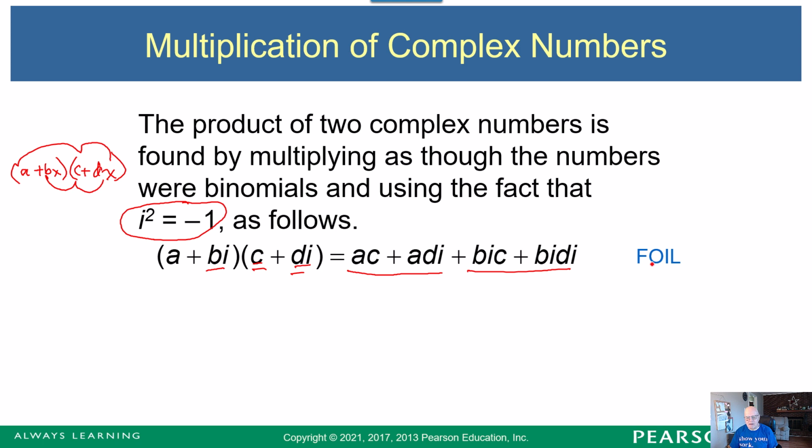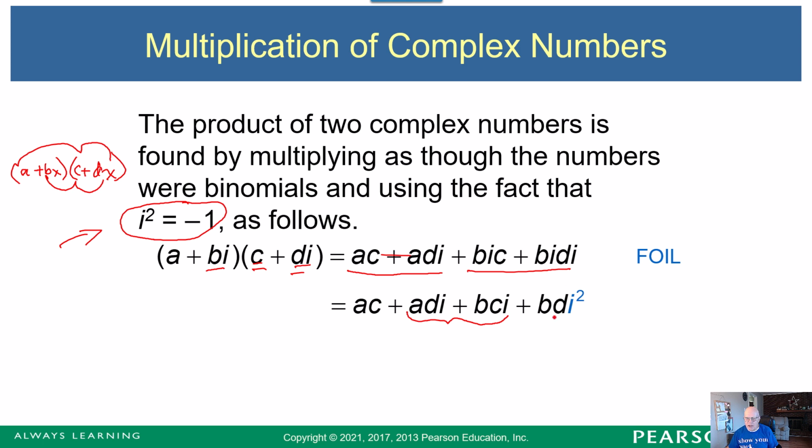Now you've got some parts that can be simplified a bit. You've got ac, you've got adi, bci. Oh, these are similar. They're i terms, they're imaginaries. And this one has an i squared. Remember what i squared is? It's right up here, in case you had forgotten. That's a minus 1.